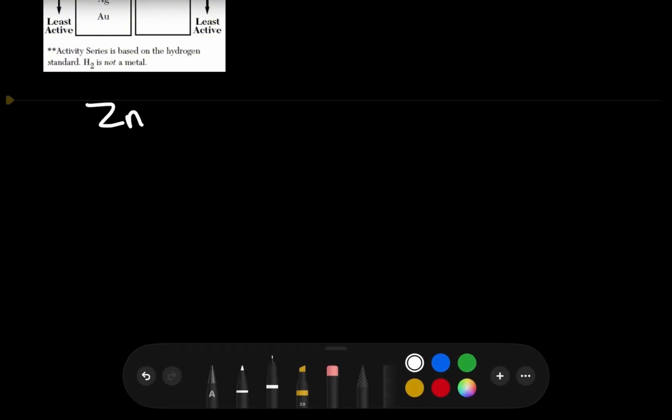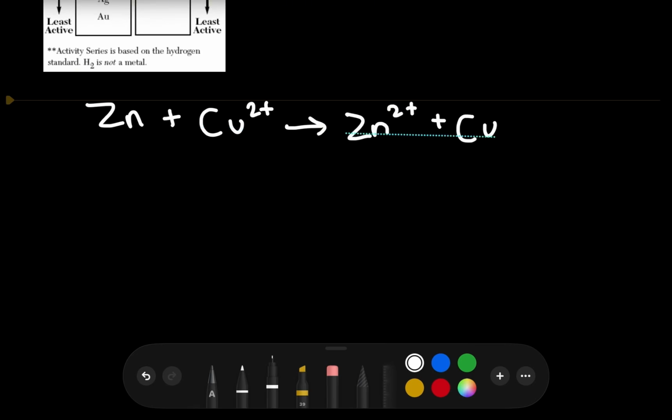So just to summarize, here's what's really happening. We have Zn plus Cu2 plus going to Zn2 plus Cu. So what does this mean? It means that zinc, right, it's becoming a cation. Why?